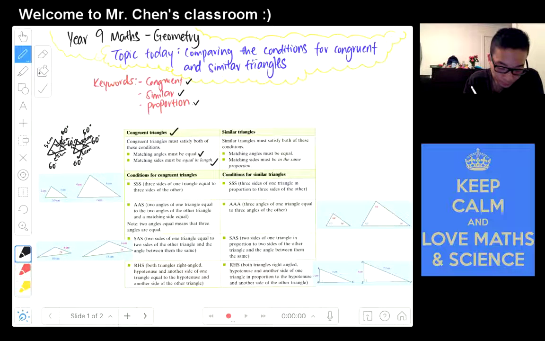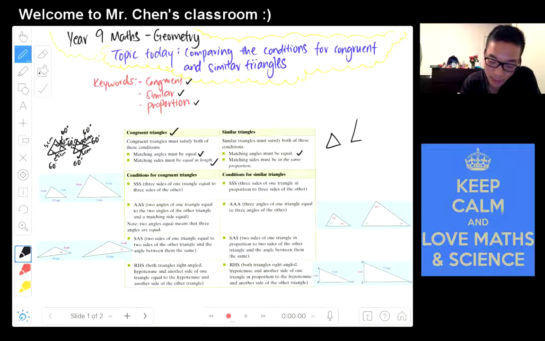And for similar triangles, however, they must also satisfy both of these conditions. Angles have to be equal. Remember, the figure has merely been enlarged.